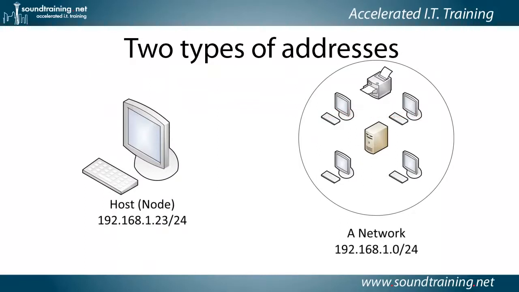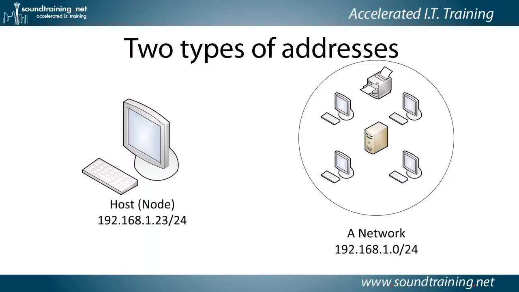When we talk about IP addresses, we have to talk about two different types of addresses. There's the host or node address, and then there's a network address. We're going to use the term host and node synonymously. They don't mean exactly the same thing, but very, very close. So we'll use them synonymously for the purpose of the video. And a host or a node is a single entity on a network running the Internet Protocol, or IP, in this case IPv4.